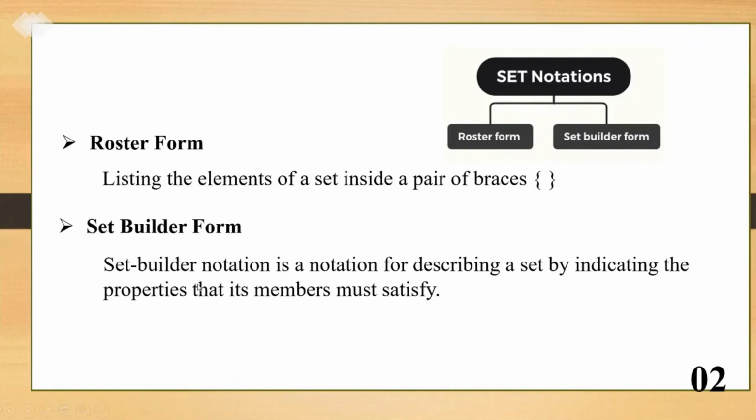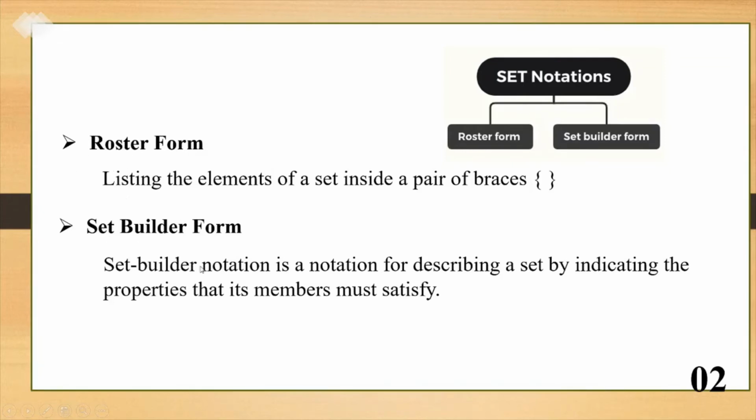In set builder form, set builder notation is a notation for describing a set by indicating the properties that its members must satisfy. Roster form and set builder form are the two representations of a set.